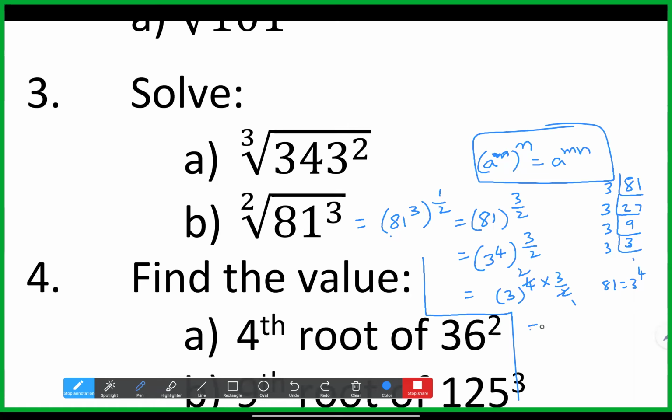Sir, 3 power 6. 3 power 6, Ishma, 2 into 3. So 3 power 6 is 3 into 3 into 3 into 3 into 3 into 3. I think 729, I think, Ishma. Yes, sir. Okay. 729 only.